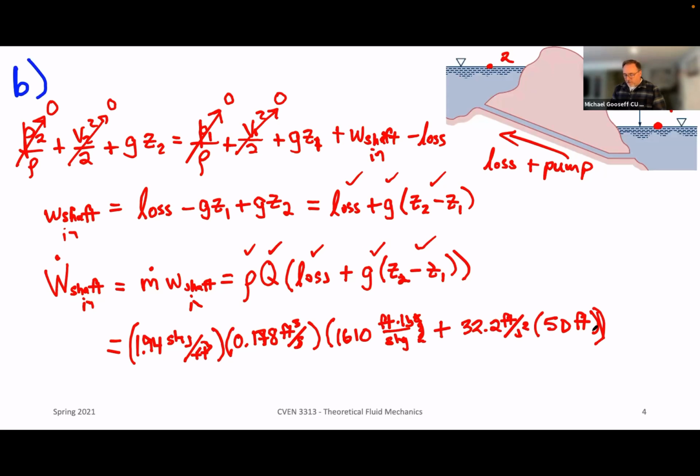And essentially we could have gone through the same translation that we did for units. So this 32.2 times 50 will end up being feet squared per second squared. We can convert that to foot-pounds per slug. They're equivalent. And so what we end up with then is W dot shaft, this pumping power, is equal to 1110 foot-pounds per second.